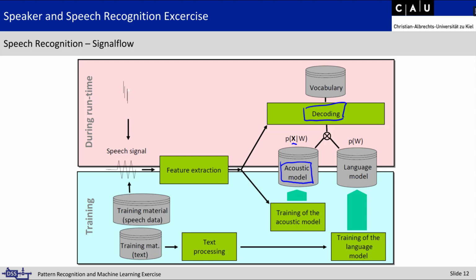And the second part is a language model. This is a little bit more advanced, because we also look at what we have already recognized and put it together in a language model. Some words are more likely to follow each other, or some phonemes are more likely to follow each other than others.